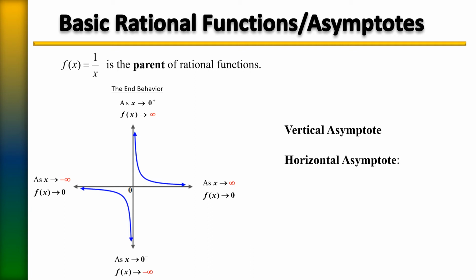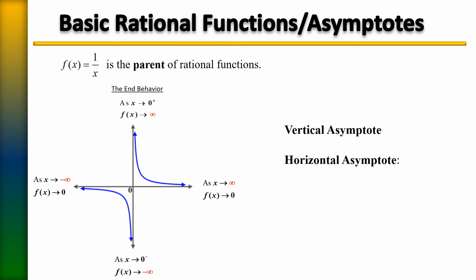On the top here, as x approaches 0 from the right, the function approaches positive infinity. And as x approaches positive infinity, the function approaches 0. So it gets close there, but doesn't quite touch 0. So that's the end behavior.